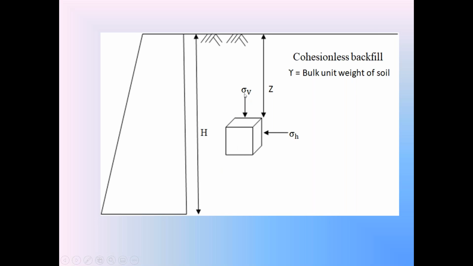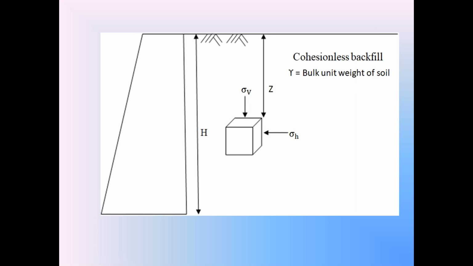So check this: sigma V is the vertical normal stress, sigma H is the horizontal normal stress. No shear stress is acting on the soil element. Since there is no shear stress, sigma V is a principal stress and sigma H is also a principal stress.